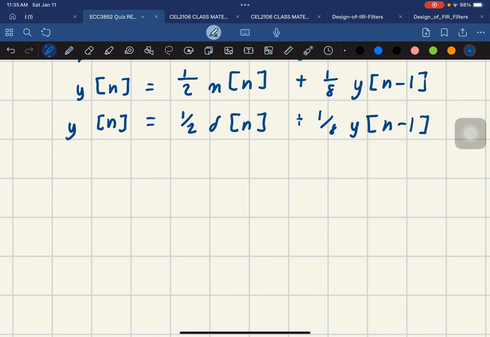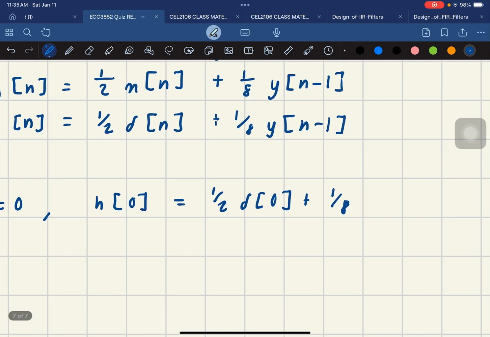So h[0] is equal to 1/2 delta[0] plus 1/8 h[negative 1].